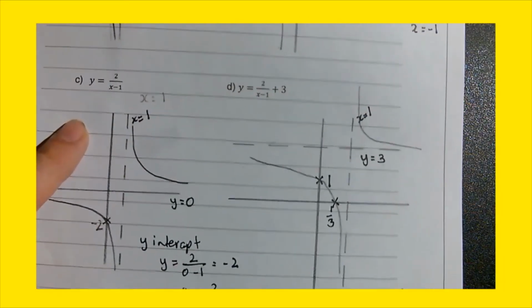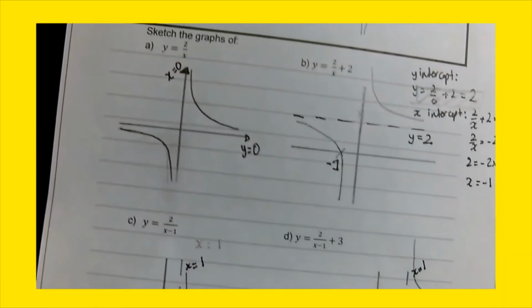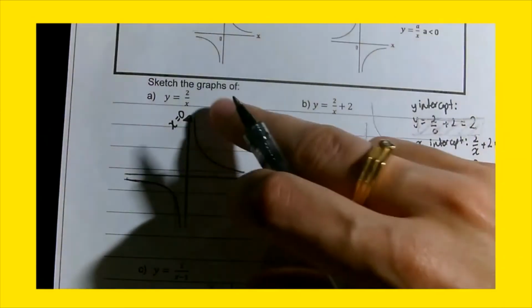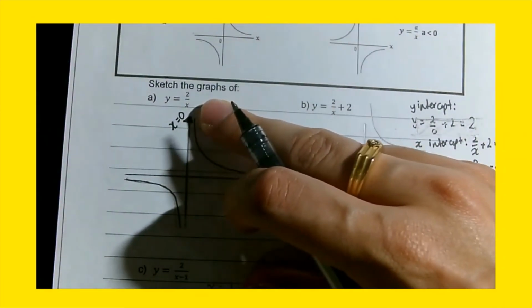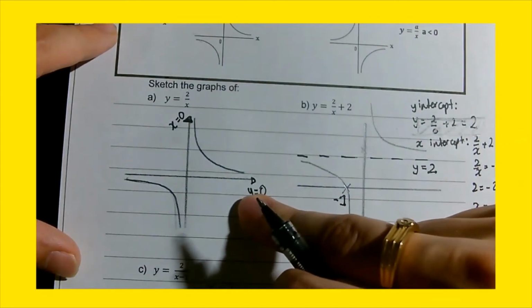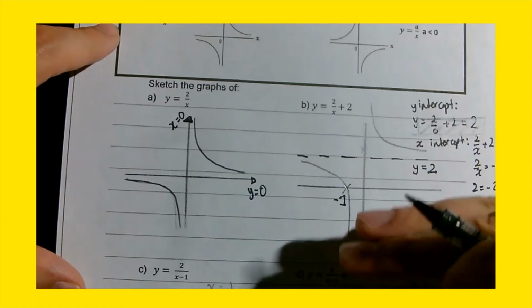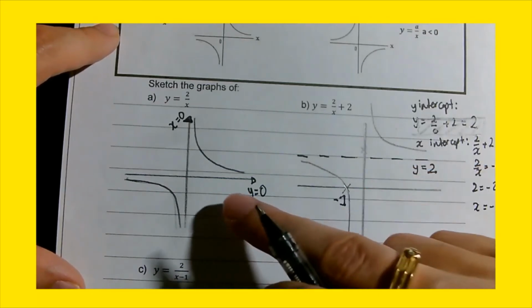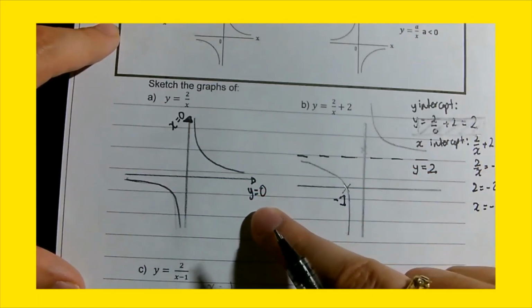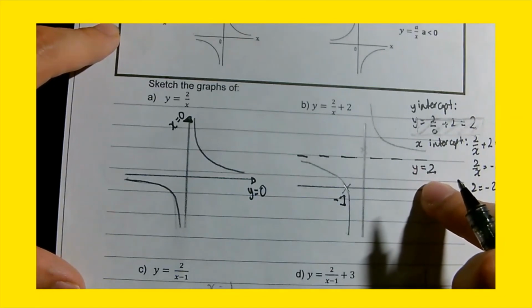Okay, so let's just go through sketching reciprocals. The basic positive reciprocal will always have this sort of nature. If you've got a number being added on the outside, that will shift the graph up by 2, and the asymptote too. So originally this asymptote was y equals 0, it's now y equals 2.